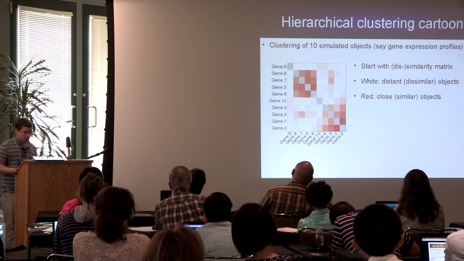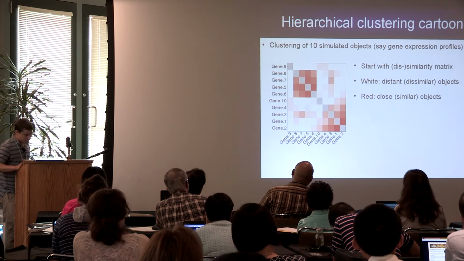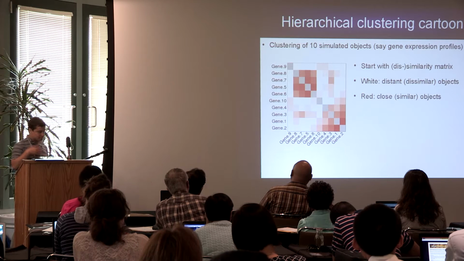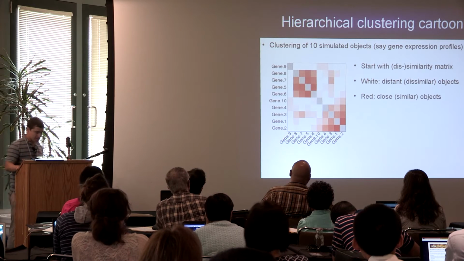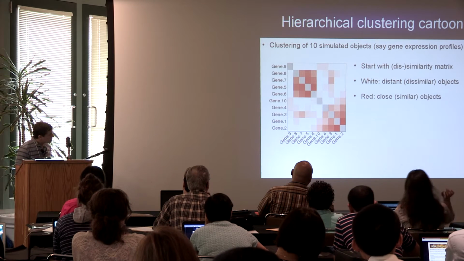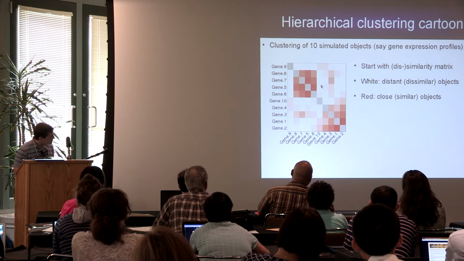So I'll show you a cartoon of how hierarchical clustering works. This is going to be on the 10 objects. This is simulated data, so I know what's going on. So we start with the dissimilarity matrix that's here represented as a heat map.